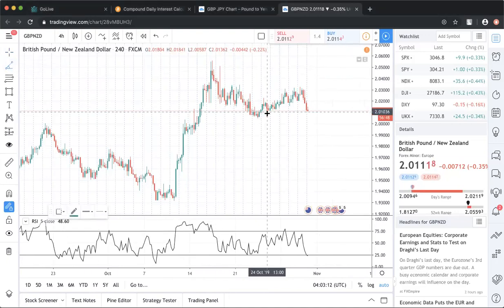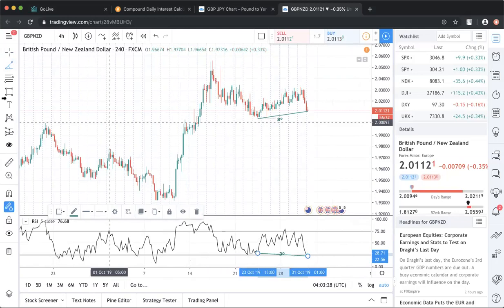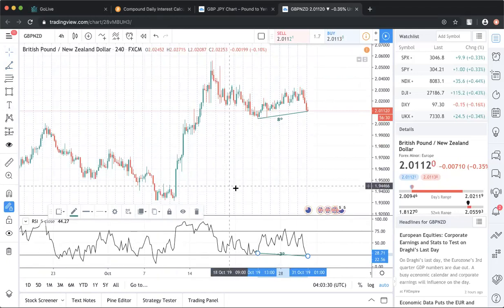I can see it starting to form. Say if we were to call it something like this, and then over here we're coming down. I see a little bullish divergence there.